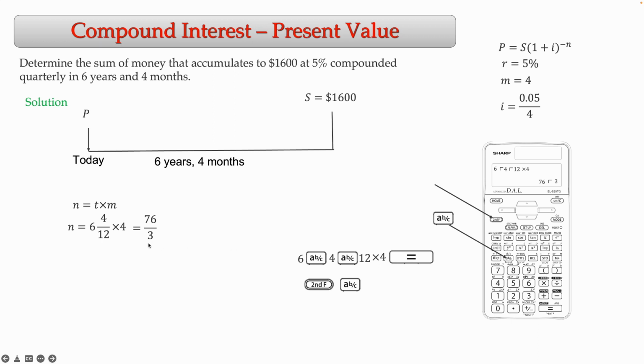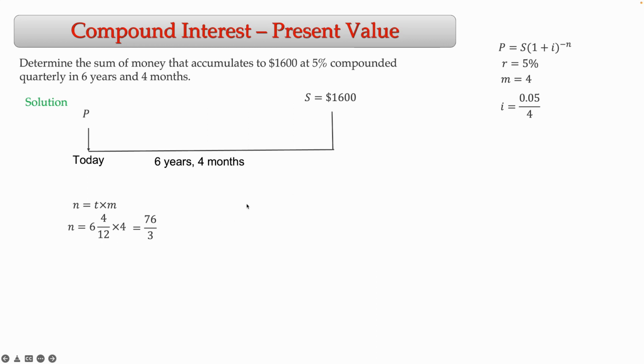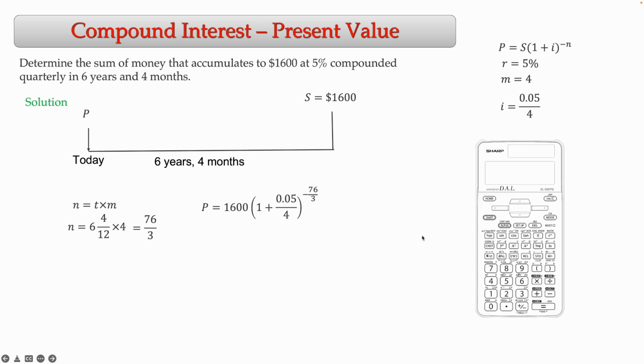Okay, so now that we have n, the only thing that we need to do is use the formula. P will be equal to S, which is 1600, n equals 76 over 3, and i is 0.05 over 4. So let's type it here. You get your calculator for doing that again.